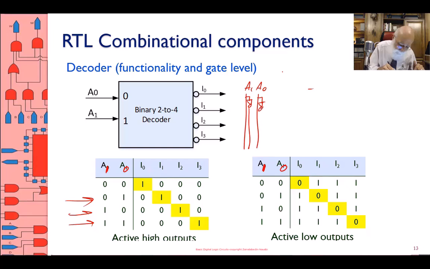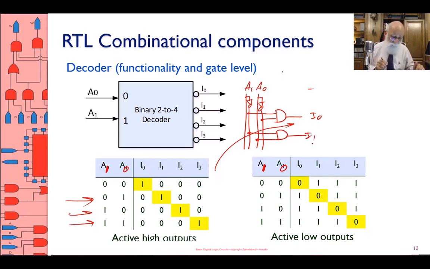And if A1 is 0 and A0 is 0, then this I0 becomes 1. If A1 is 0, A0 is 1, then I1 becomes 1.